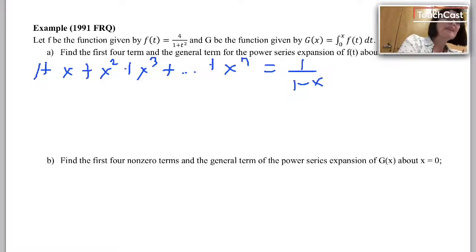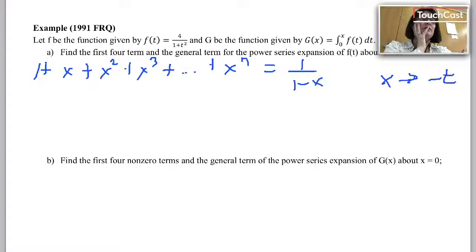I'm going to have to multiply the right-hand side by 4 to get that new numerator. So that means I'm going to multiply every term on the left-hand side by 4. And then how am I going to turn that minus x into a plus t? Everywhere I see x, I want to replace it with negative t squared.